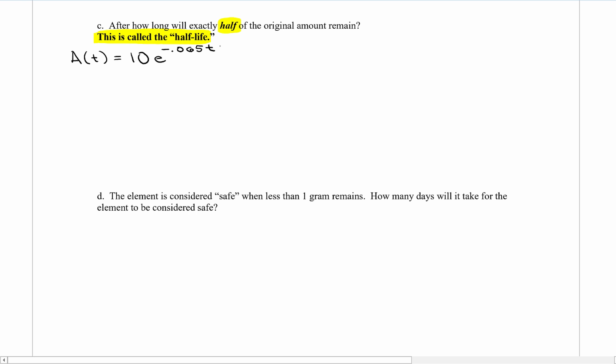I'm going to highlight in blue the 10 that represents our initial value. And towards the right of this equation, I'm going to write down initial amount is equal to A sub 0, which is equal to 10 grams. We need to ask ourselves, how much is half of 10 grams?